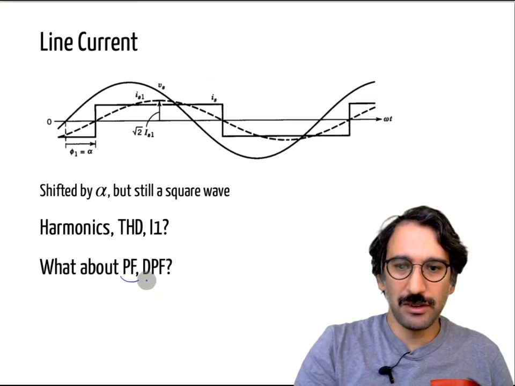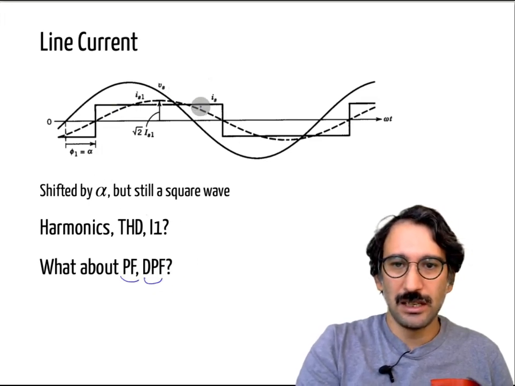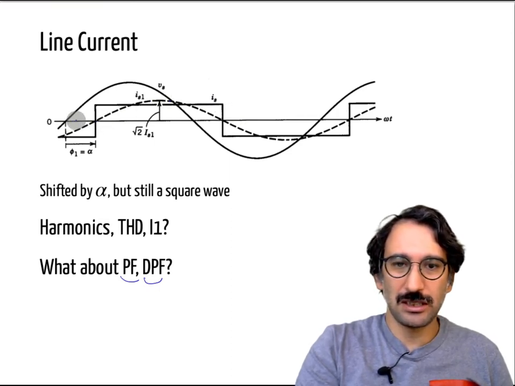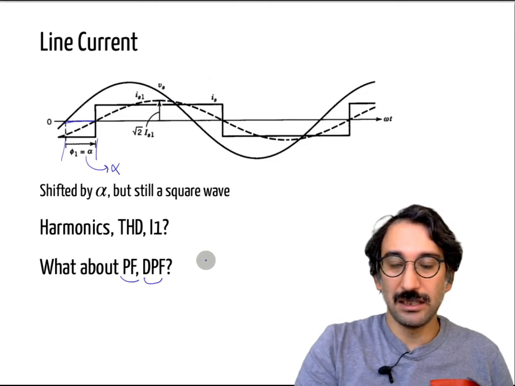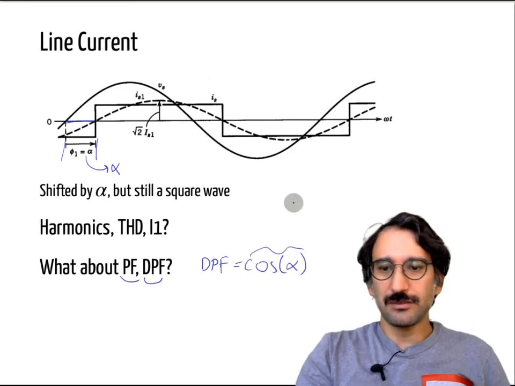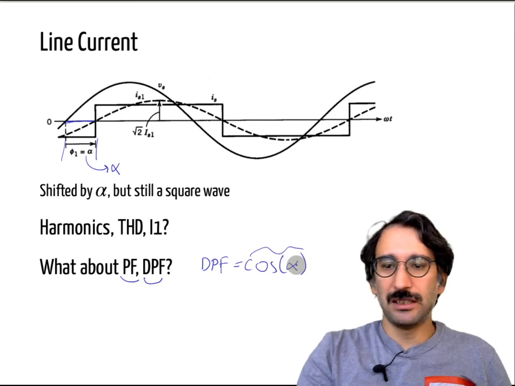Remember, displacement power factor is the angle between the fundamental of the voltage and current. Alpha is the displacement angle between those, so displacement power factor is equal to cosine alpha. If I operate at zero firing angle, the displacement power factor is 1.